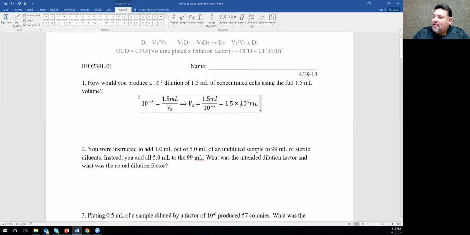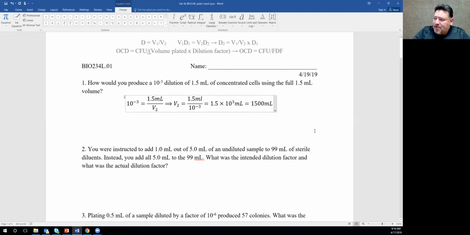Okay. What does this equal? Well, this is 1.5, and that 10 to the third means that we move the decimal point to the right 3 times. We're going to move it 1, 2, 3 times. So it's 1,500 milliliters. Okay. Now what? Well, that initial 1.5 is part of that final volume.